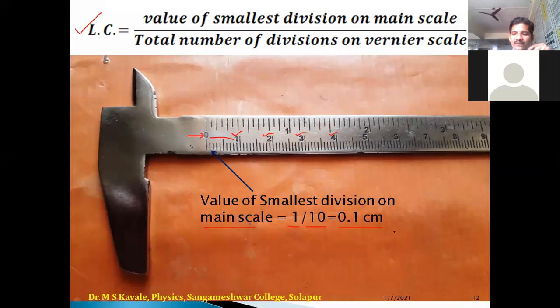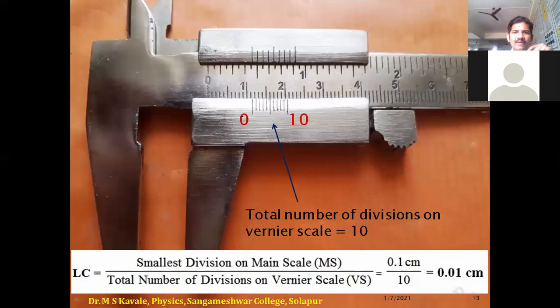Okay. Now, on the Vernier scale of the Vernier caliper, which is the movable part, again we can observe 10 divisions. So here I have written 0. The first left division is 0, and the last right division is the 10th division. Actually, 0 and 10 are not written on the Vernier scale.